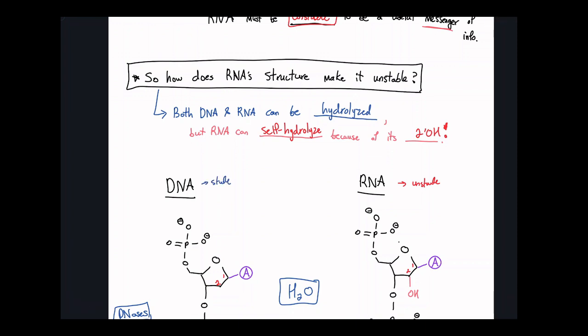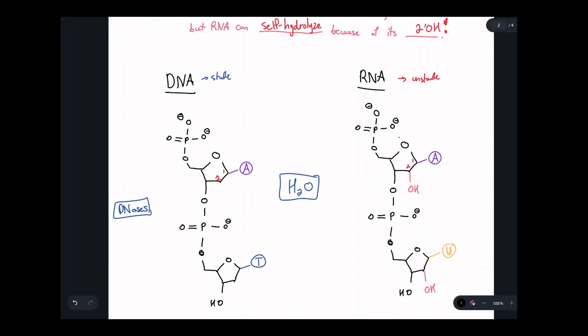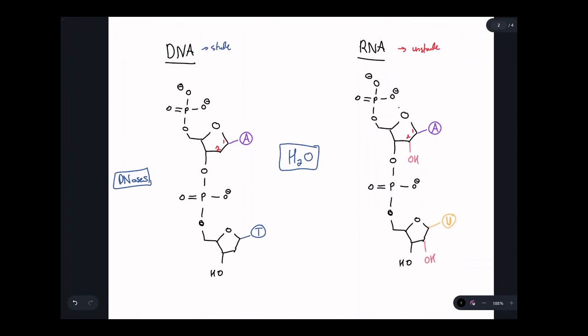So let's break this down in a little more detail. Hydrolyzed means broken by water. So DNA and RNA, if exposed to water and the right conditions, in theory, the water can break the phosphate bond, and you'd basically separate this DNA base from this DNA base, and you'd break your chain. You'd lose your information.